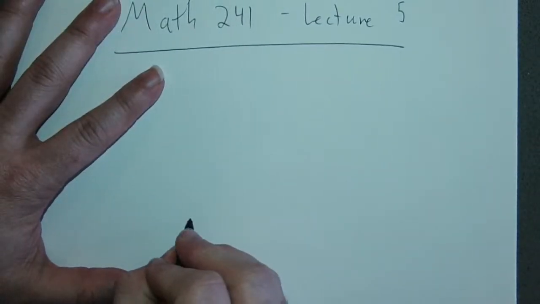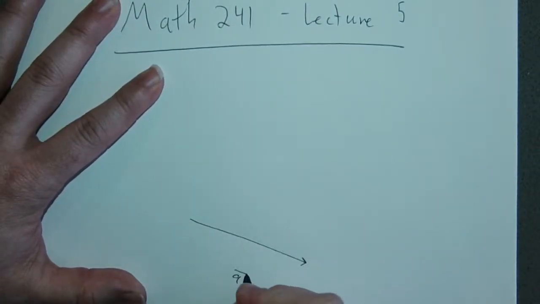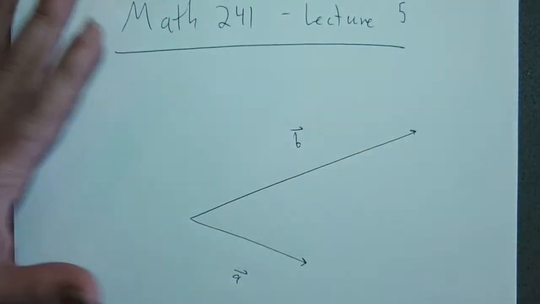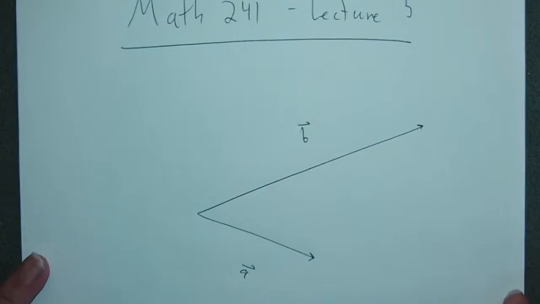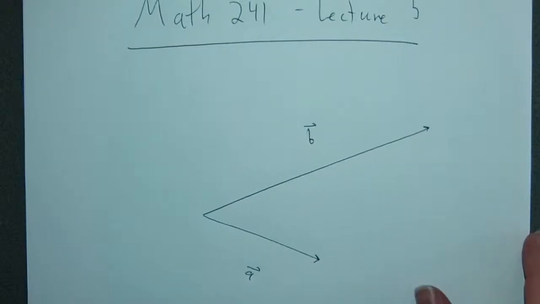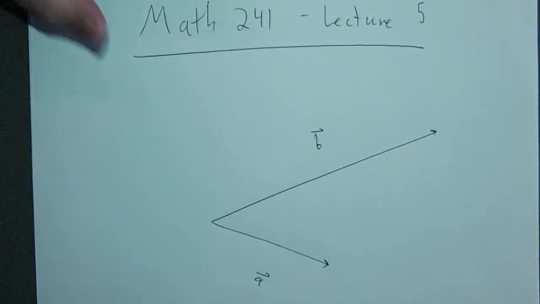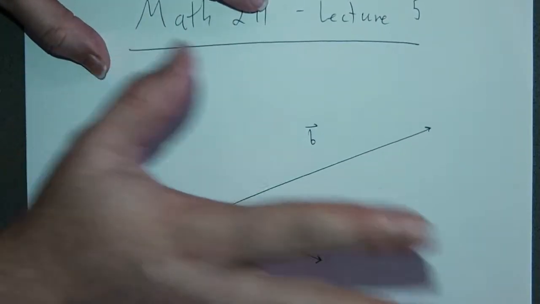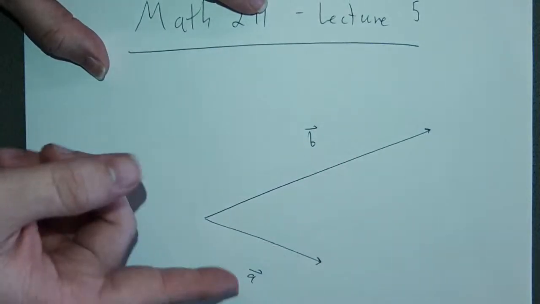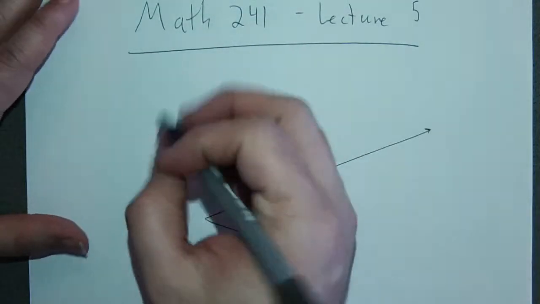Say I have a vector A and another vector B, and both of those vectors lie in this plane that is the paper. The way of determining the direction of A cross B is the following. I take my right hand and let the fingers of my right hand curl from A towards B if I'm computing A cross B.